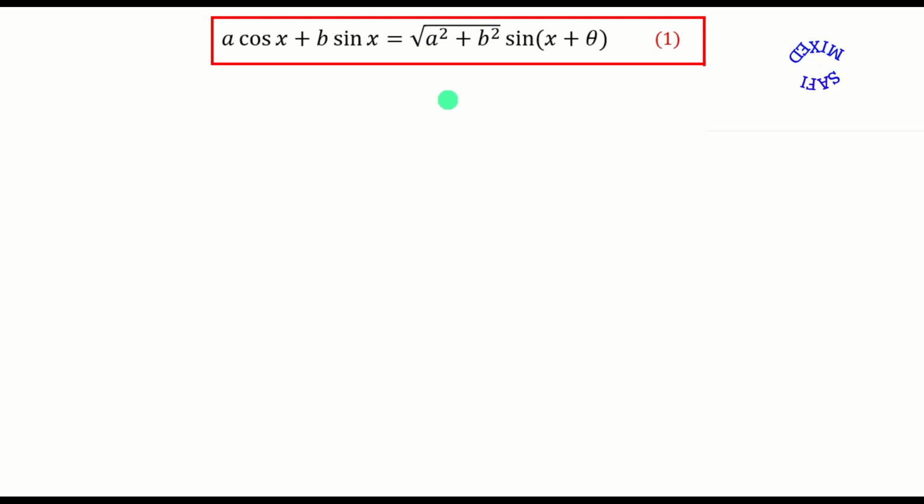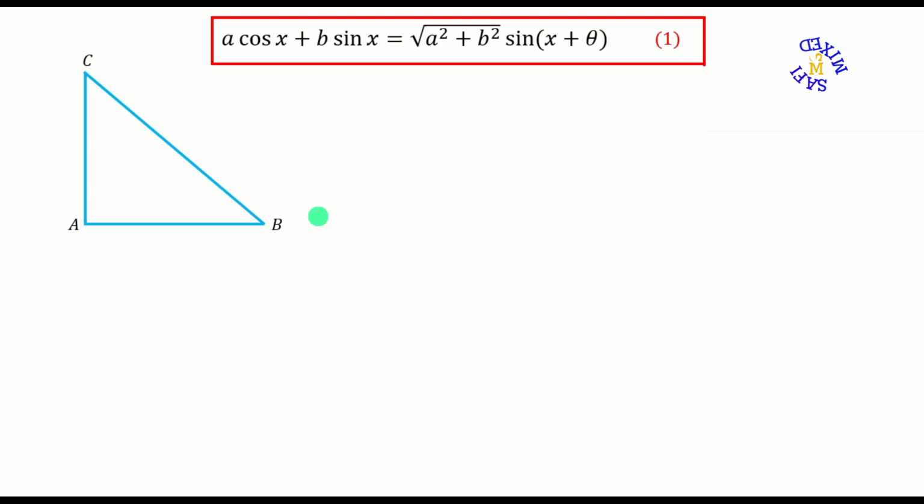To this end, consider a right angle triangle of this form where I represent the vertices with A, B, and C, and the side lengths AC and AB I respectively represent with a and b. Now, using the Pythagorean theorem, the length of side BC, which constitutes the diagonal of this triangle, equals the square root of a squared plus b squared.